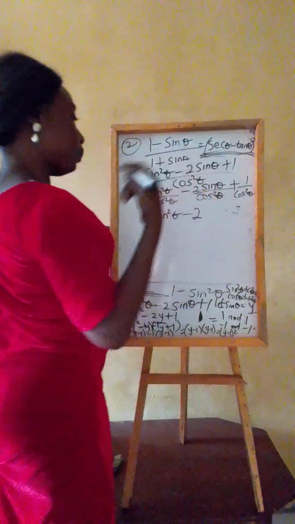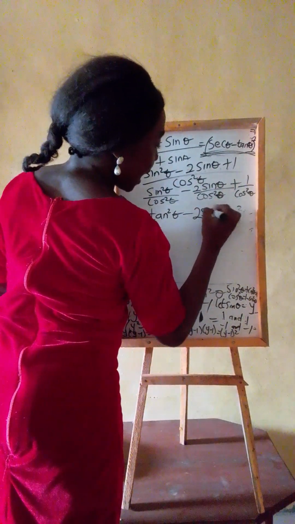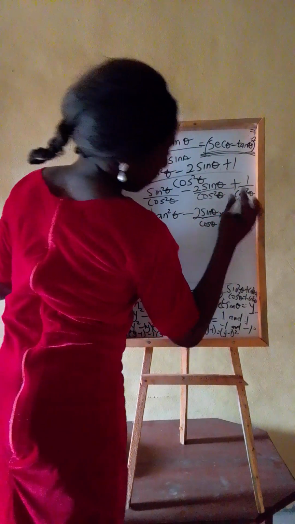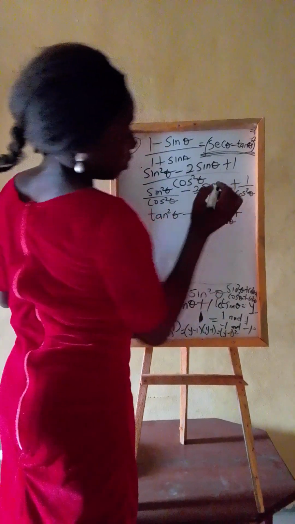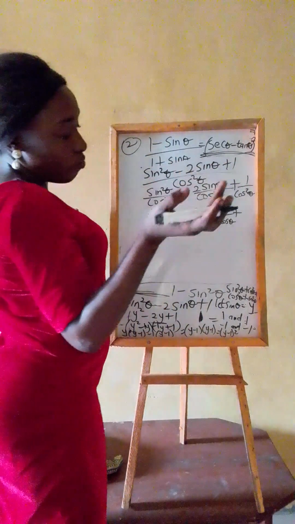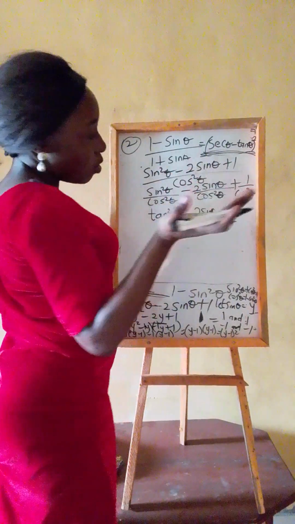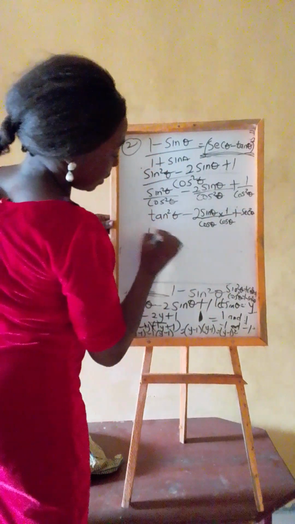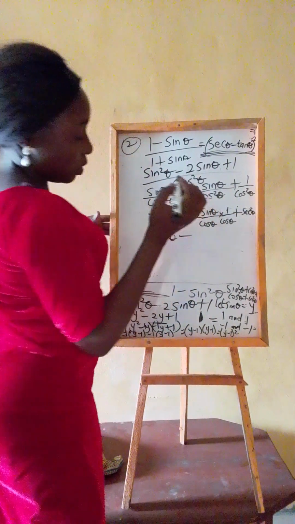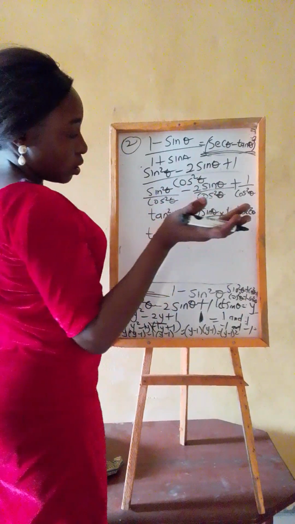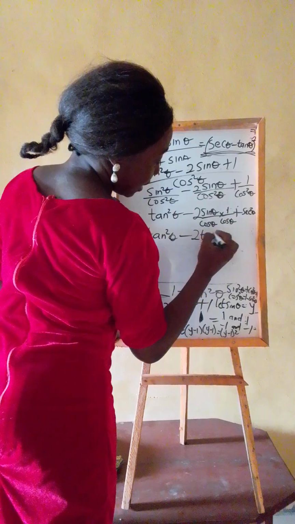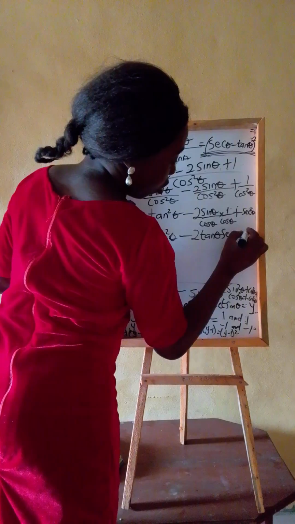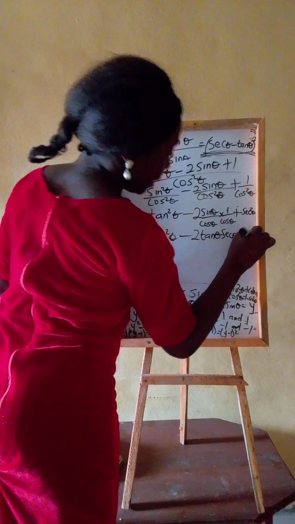Maybe I should break it down: minus 2 sine theta over cos theta times 1 over cos theta, plus 1 over cos squared theta. 1 over cos is sec, so this is sec squared theta. So this is tan squared theta minus 2 tan theta sec theta plus sec squared theta.